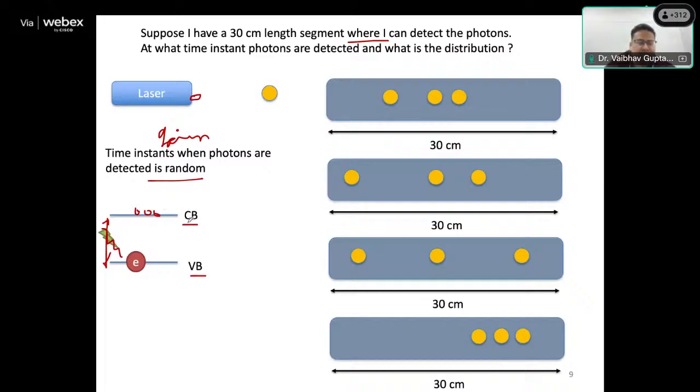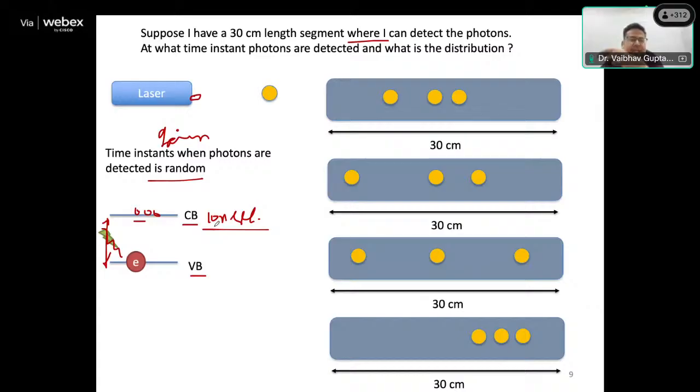Suppose this is a conduction band state and it has some lifetime, let's say 10 nanoseconds. Meaning an electron can stay here for a maximum of 10 nanoseconds, and within 10 nanoseconds this electron has to come back to the valence band, or it can go to any other defect state or somewhere else.